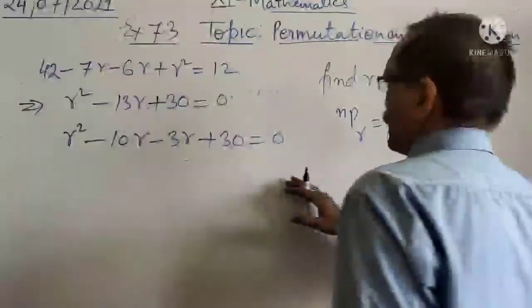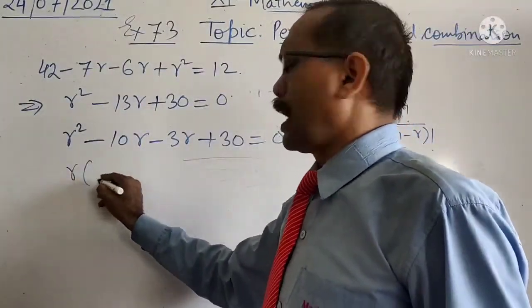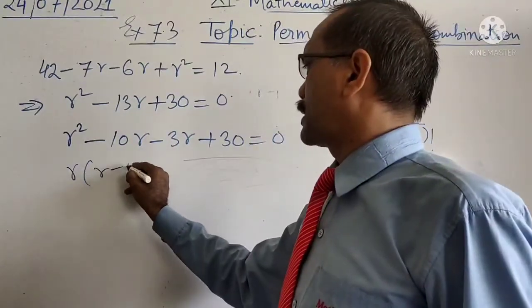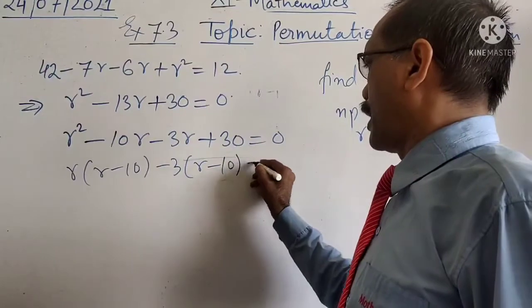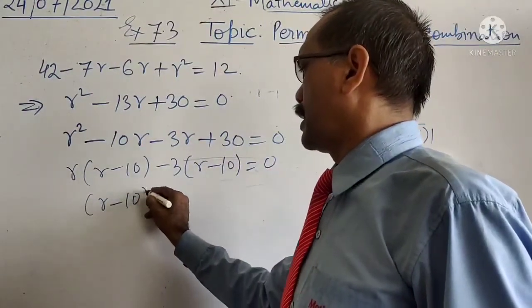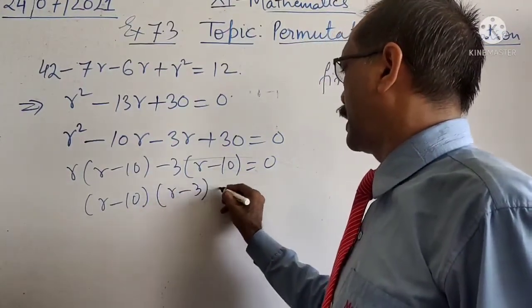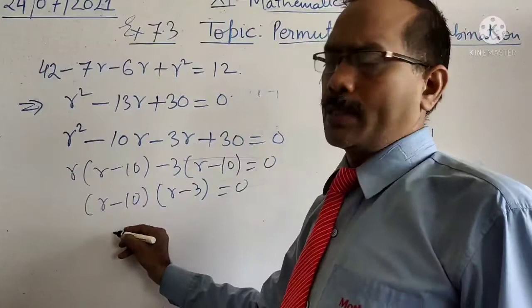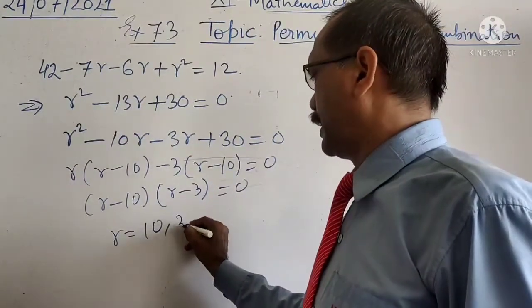Now we will factorize this. r common, r minus 10, minus 3 common, r minus 10. Here r minus 10 is again common, r minus 3 equal to 0. From this we will get the values of r. It is 10 and 3.